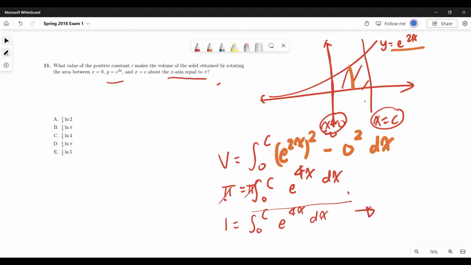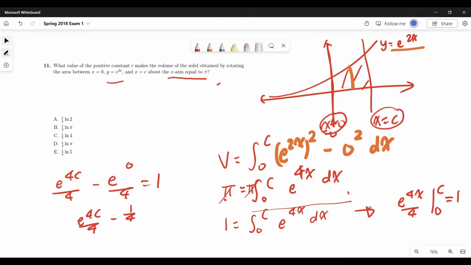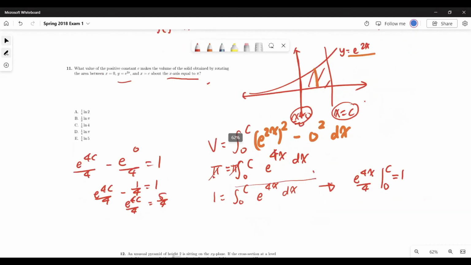And this becomes e to the 4x over 4, integrating from 0 to c, and this should equal 1. Let's rewrite here: e to the 4c over 4 minus e to the 0 over 4 equals 1, so e to the 4c over 4 minus 1 over 4 equals 1, e to the 4c over 4 is equal to 5 over 4. Cool. Then I'm going to move that 4 to the other side: e to the 4c is equal to 5.